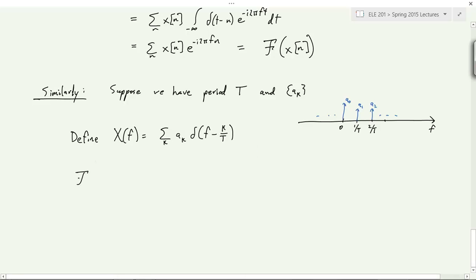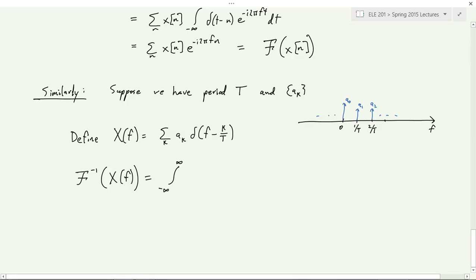Well, let's look at the inverse Fourier transform of this that we just defined. Of course, the inverse Fourier transform is going to be negative infinity to infinity. Well, it depends. I guess I didn't specify.